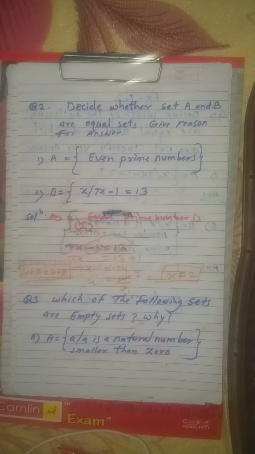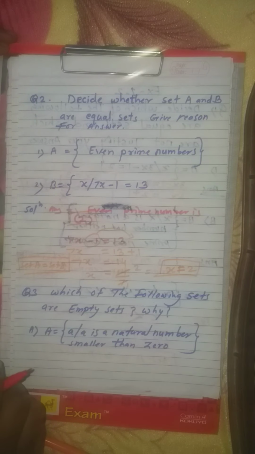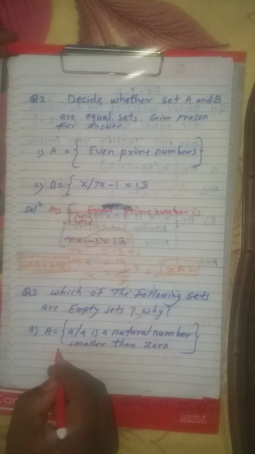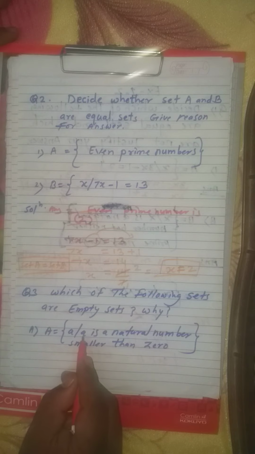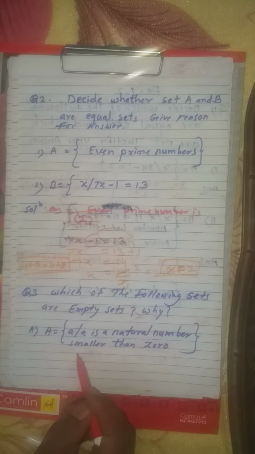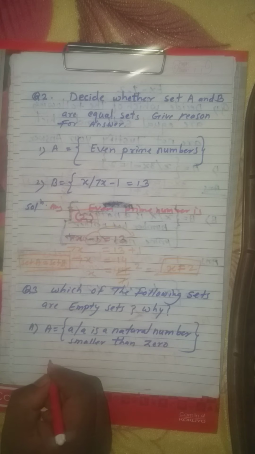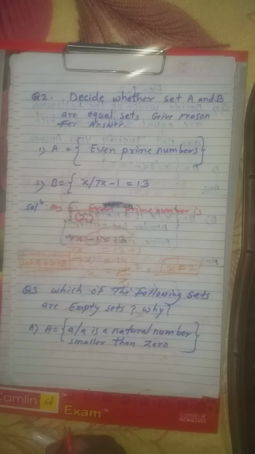Now like this we have to solve. Now the next question, the third question: which of the following sets are empty sets and why? Now the first one is given: A is such that A is a natural number smaller than 0. So our answer should be satisfying this question.